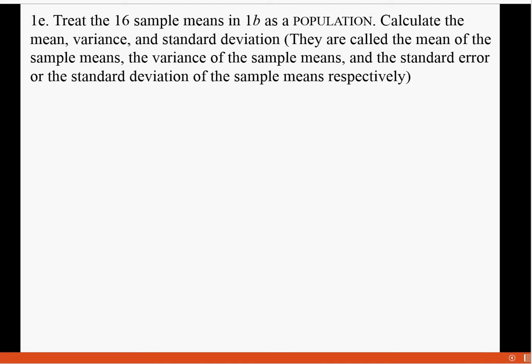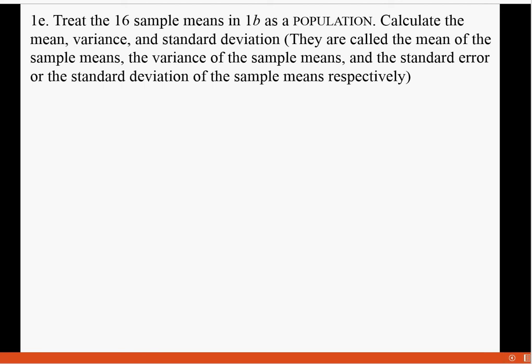Now, treat the 16 sample means obtained in question 1b as a population. Let's say we have a population that has 16 elements, and these 16 elements are these 16 sample means.